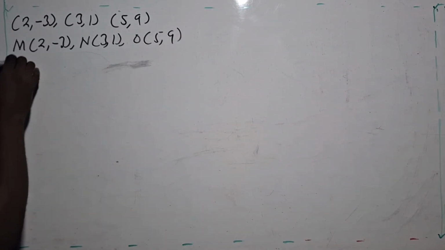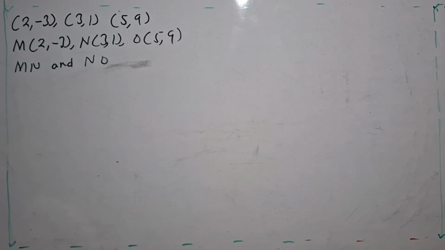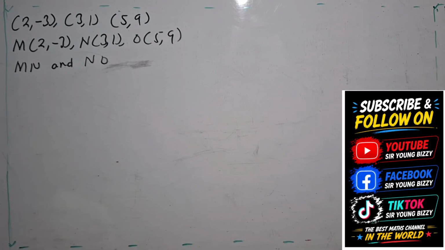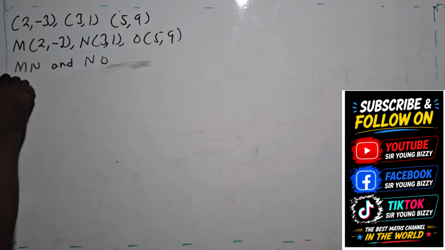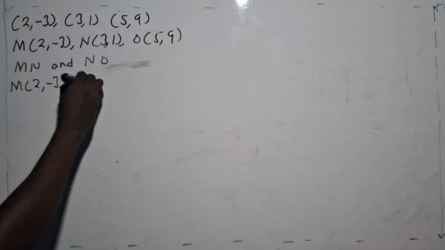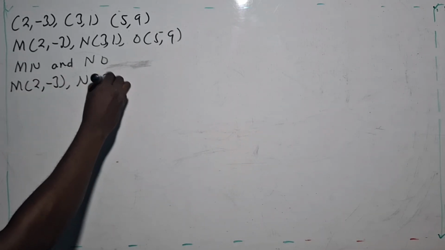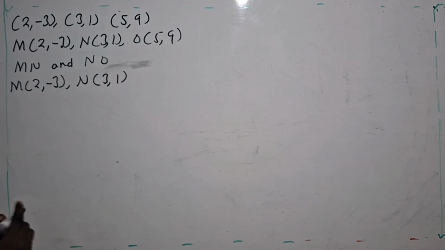So I'm going to combine MN and NO. Point M here is (2, -3), then N is (3, 1). So we are going to find the gradient.